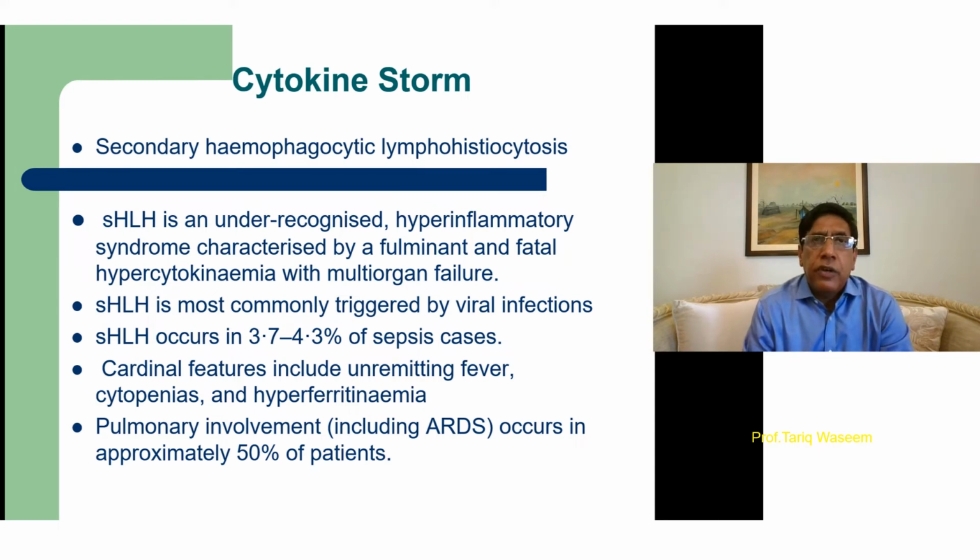The cardinal features of this cytokine storm include unremitting fever, cytopenias as we just described, and one important feature is hyperferritinemia, or raised serum ferritin levels.